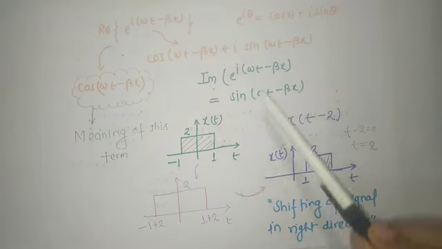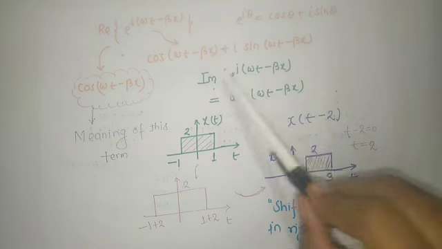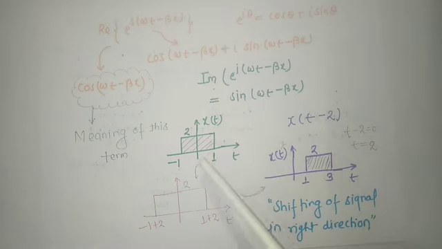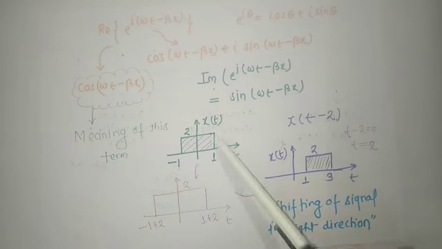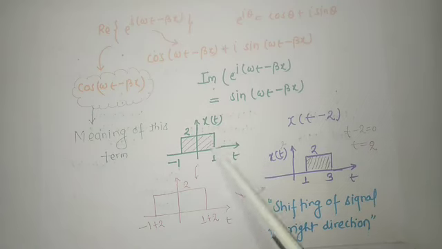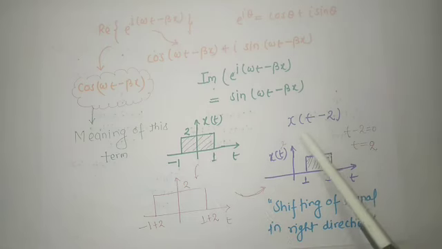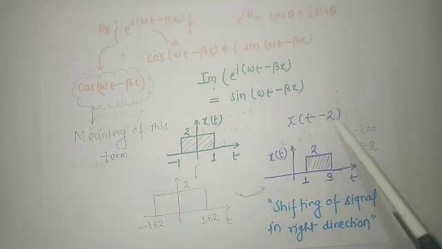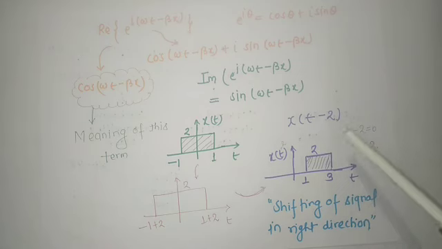Okay, let's try to understand the physical significance of this term. In signals and systems you have seen this graph of x(t), which is the time domain representation. It's a rectangular pulse, its duration is from -1 to 1 and its amplitude is 2. If somebody says plot the graph of x(t minus 2), let's learn the trick.